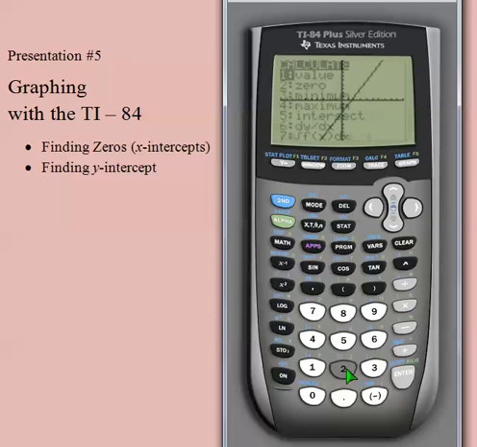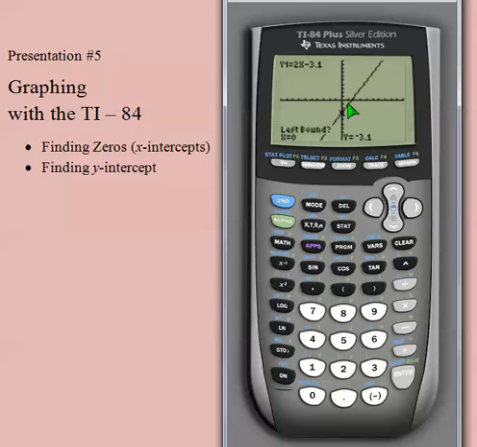So, press 2, and now we have something here called a bound. We know that the x-intercept is right here. The bound means we're going to come up with a point to the left of it and to the right of it.